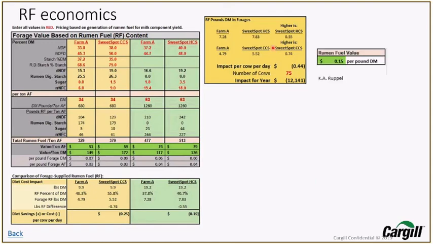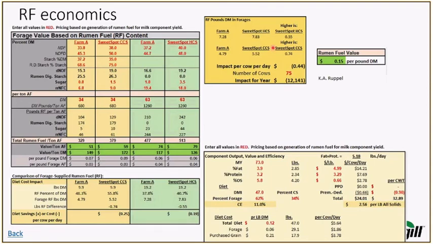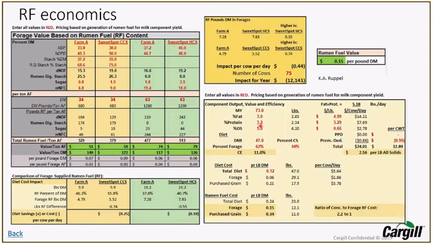Again, the rumen fuel value is about 15 cents per pound of dry matter, and I get there by looking at their ability to produce milk in terms of component efficiency, what their milk is worth in terms of component production, and any premiums, deductions, PPDs, etc.